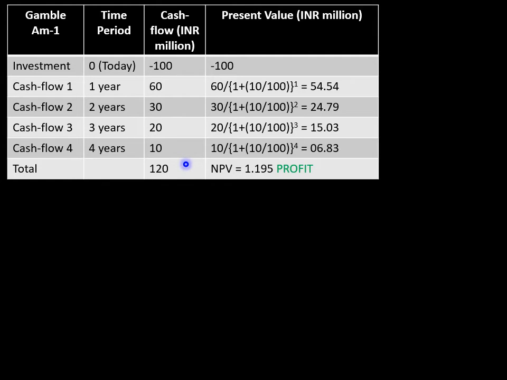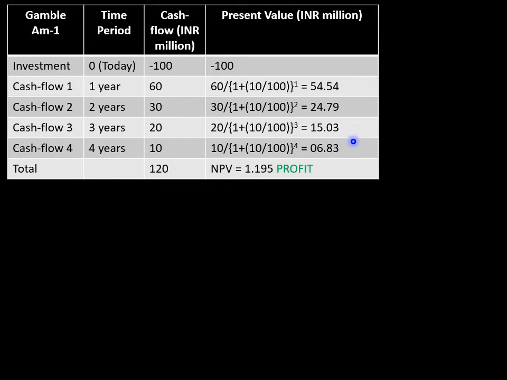Let's check out. The present value of 60 million 1 year from today is calculated using this formula. 60 is considered as the principal. 10% is your required return or your cost of capital. The power 1 since it's just 1 year. Again, please refer to our video of time value of money if you do not understand this. I discount each and every cash flow at the right time to find its present value.